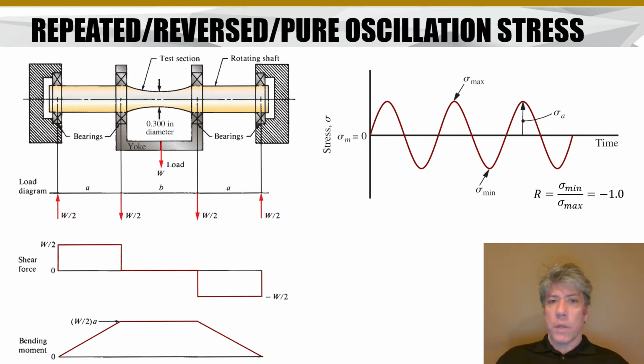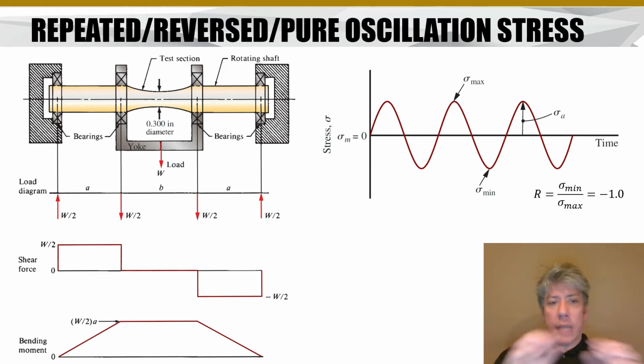And then if you consider the shear force throughout the shaft, you'll notice that the shear force goes to 0 in between the yoke. And so, the moment is the integral of that shear, and so if we add up the shear over the length essentially, we get a moment of W over 2 times A, where A is the length between the first two bearings on the left.